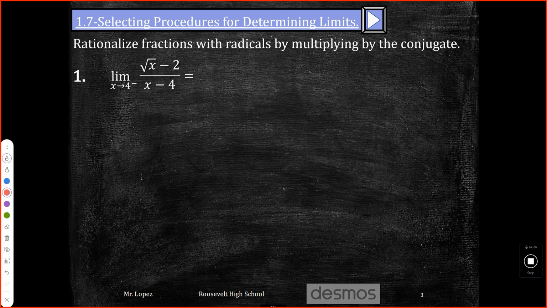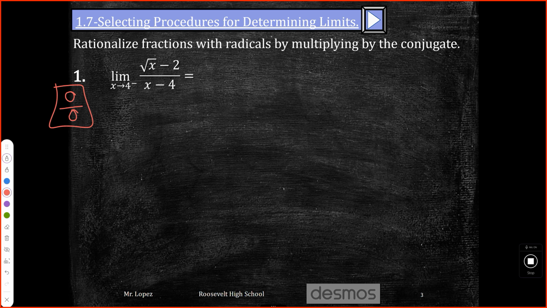So as we do the same as the other one and try to use the plug-in method, we're going to try and plug in x equals 4. If we plug in 4, we would get square root of 4 is 2. 2 minus 2 gives us a 0 over. Plug in 4 here at the bottom, you get a 0 over 0, which again is an indeterminate form.